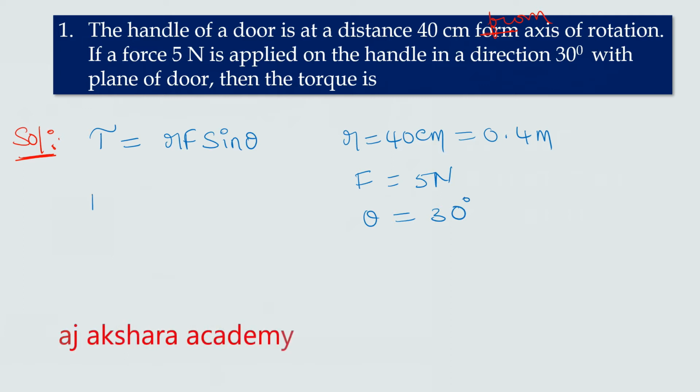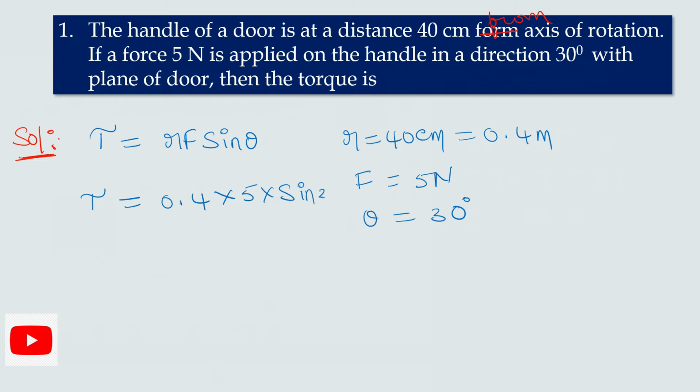Now finding torque, tau is equal to, substituting values, 0.4 into 5 into sin 30 degrees. Now tau is equal to 0.4, nothing but 4 by 10, into 5 into sin 30, 1 by 2.